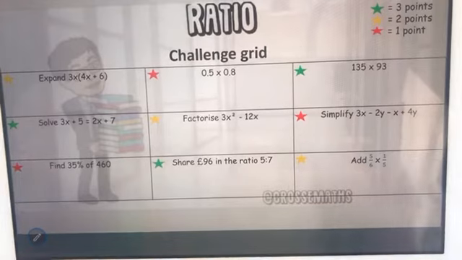Right guys, 2 to 3 minutes, see if you can finish all of that for me. It's worth 18 points altogether. If you want to, after the session, send me how you did, that'll be brilliant. I'd be really interested to know how you got on.